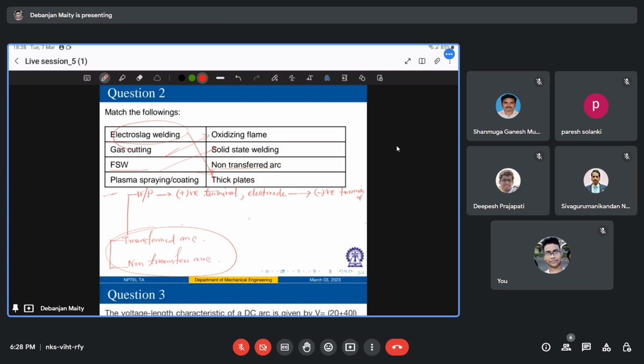Okay, let me draw some figure that will be understandable at least. Let's say this is your tungsten electrode. And then you have a gas chamber.